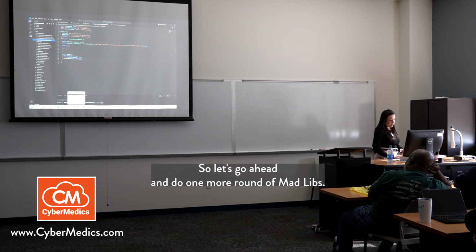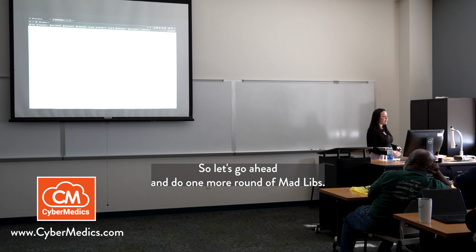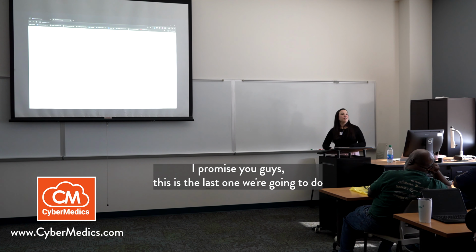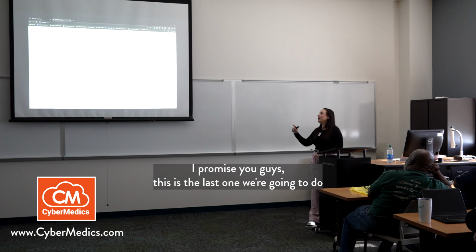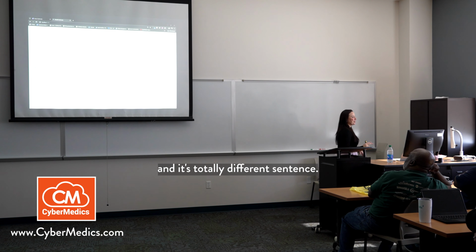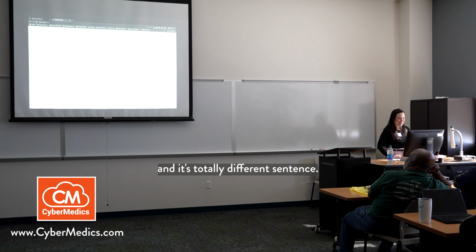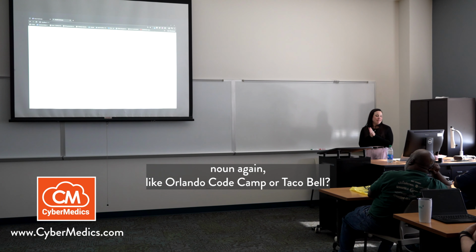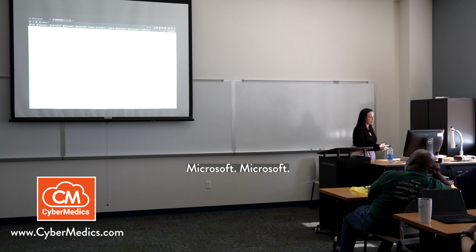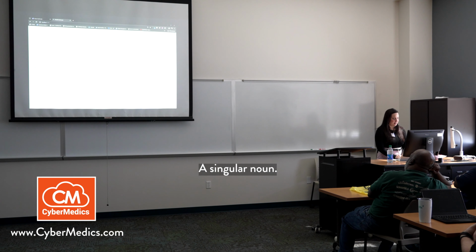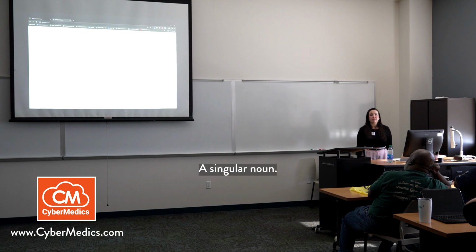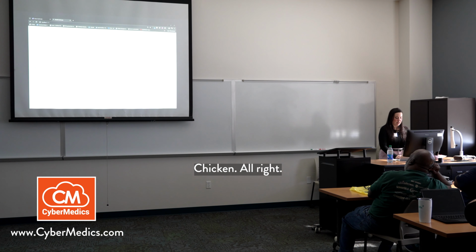So let's go ahead and do one more round of Mad Libs. I promise you guys, this is the last one we're gonna do, and it's totally different sentence. So can I get a singular proper noun? Again, like Orlando Code Camp or Taco Bell. Microsoft, okay. A singular noun. Chicken? All right.